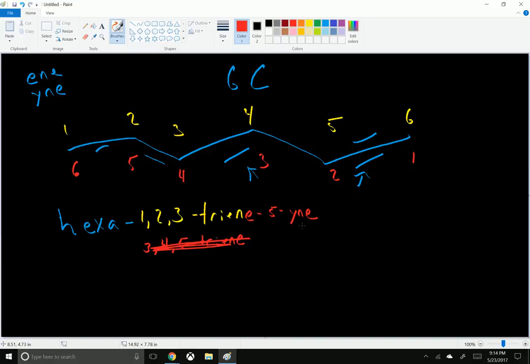Now, is it physically possible? Yes. As you look at, say, carbon number 4, it has 1, 2, 3 bonds to carbons and an invisible hydrogen. Carbon number 3 has a double bond to its left, a double bond to its right, for a total of 4 bonds. Same for carbon 2. It has a double bond to the left, a double bond to the right, for a total of 4. Carbon 5 has 1 to the left, 3 to the right, making a total of 4 bonds.